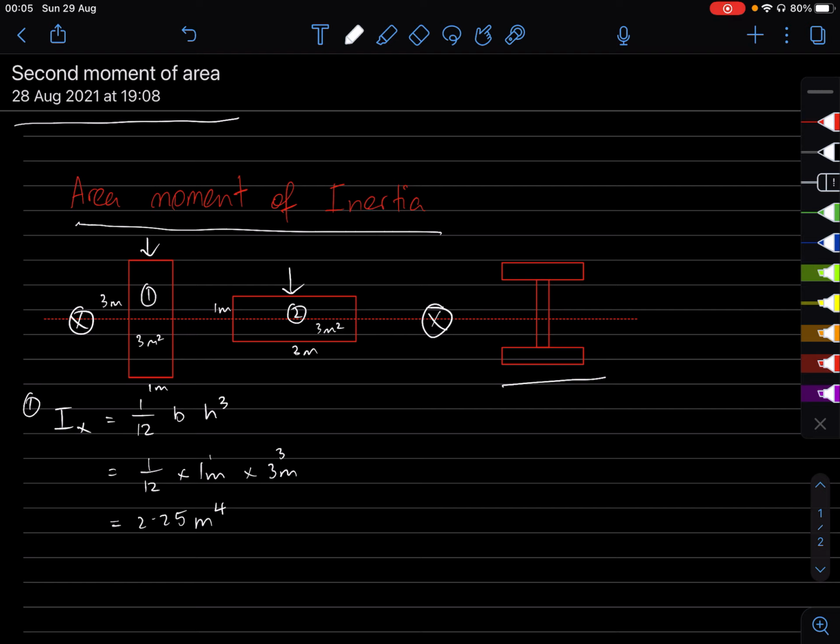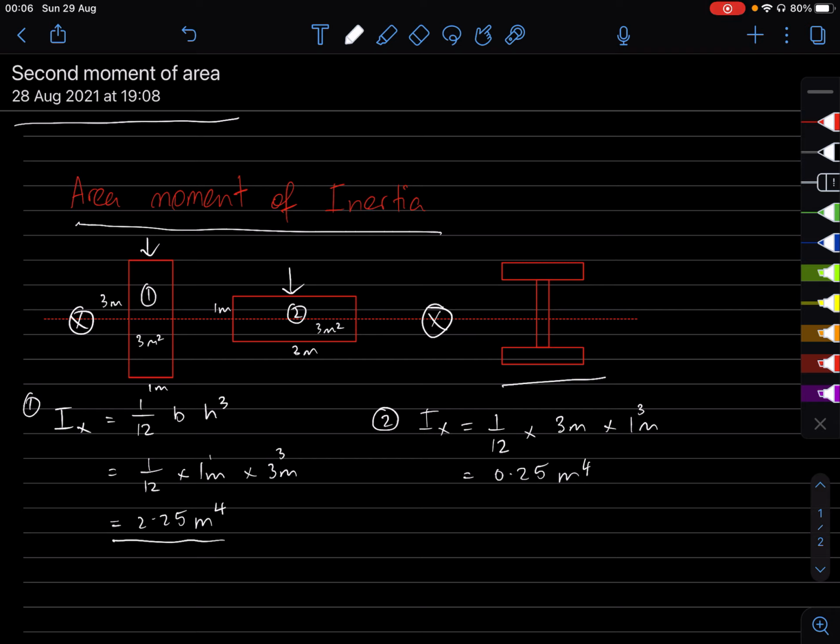So 2.25 meters to the power of 4. And let's do shape 2. Ix equals 1 over 12 times its base, which is 3 meters, times its height, which is 1 meter cubed. That's going to give us 0.25 meters to the fourth.